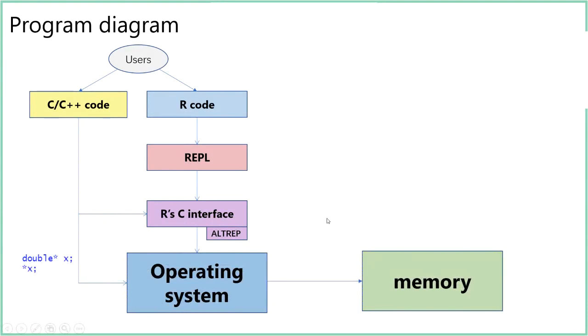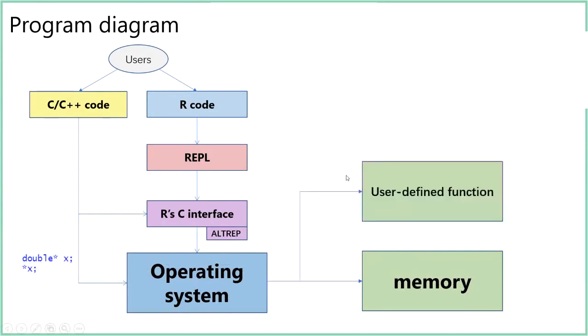So if we have a way to hijack the operating system's data access request from the memory to some user-defined function, we are able to make a pointer which behaves exactly as a normal pointer, but when you access its data, it calls a user-defined function to get data for you. So you may have a guess on where the Travel package is.